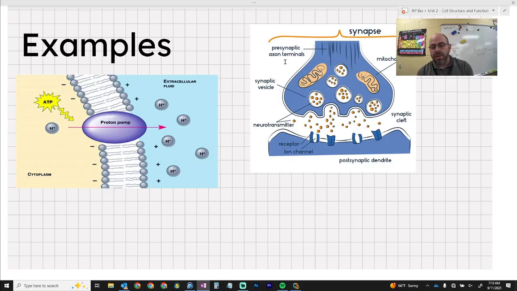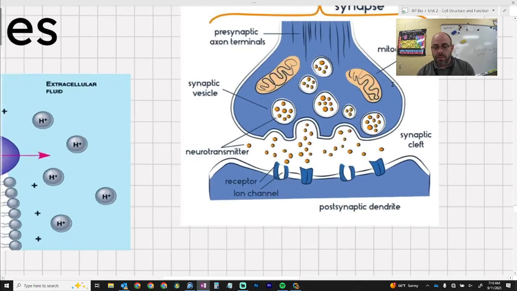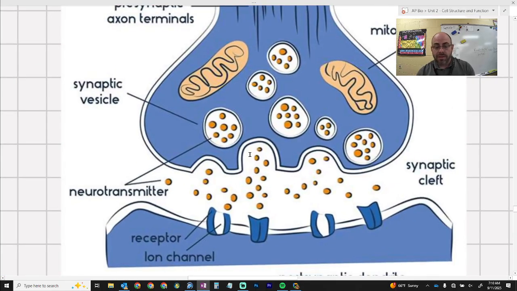Over here on the right, you have a nerve cell, and this is an axon terminal, and these are neurotransmitters. I mentioned earlier that sometimes you'll see diffusion when it doesn't involve a membrane. So a couple things going on here. First, you have exocytosis, right?